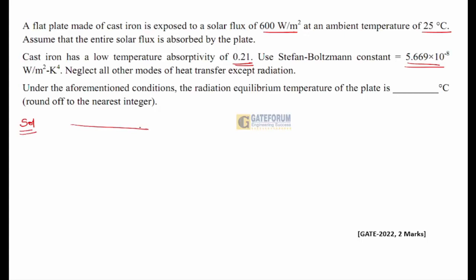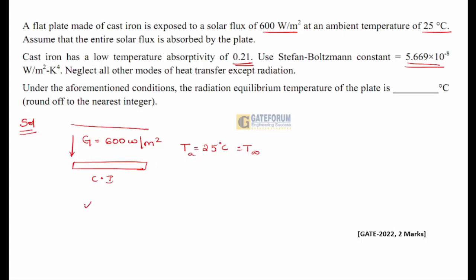For suppose this is some cast iron plate. This is cast iron. Solar flux is 600 and the temperature is 25 degrees centigrade, which is ambient or infinity. So the sky radiation is totally getting concentrated on the cast iron, approximately same spectral region as that of surface emissions.